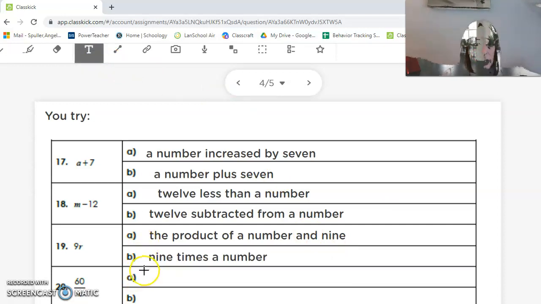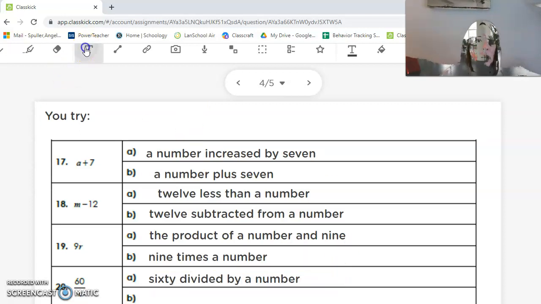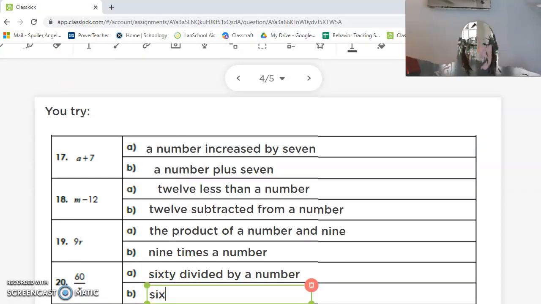For this one, it's division, so we could say 60 divided by a number. And we can also say 60 split by a number. Okay? Those are all possible ways.